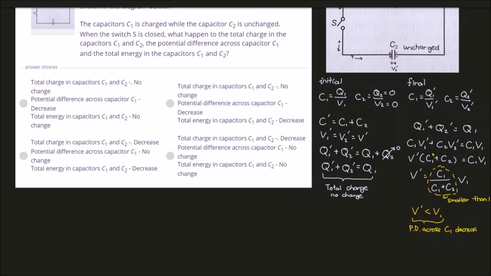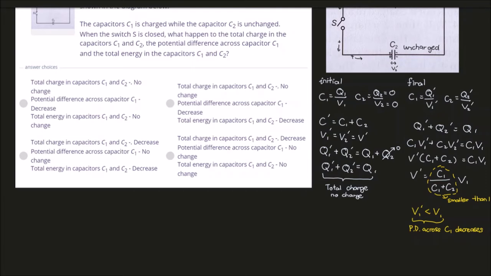This V prime here is the V of capacitor 1 prime and the V of capacitor 2 prime. So essentially we can say that V1 prime is smaller than V1. So the potential difference across C1 actually decreases.